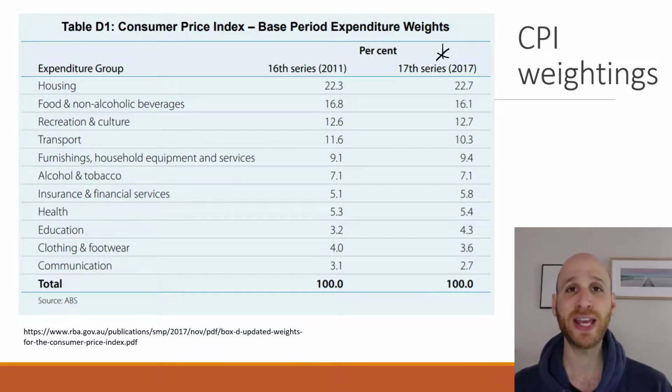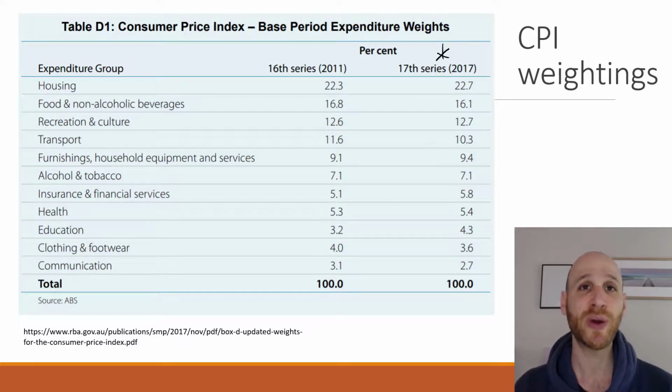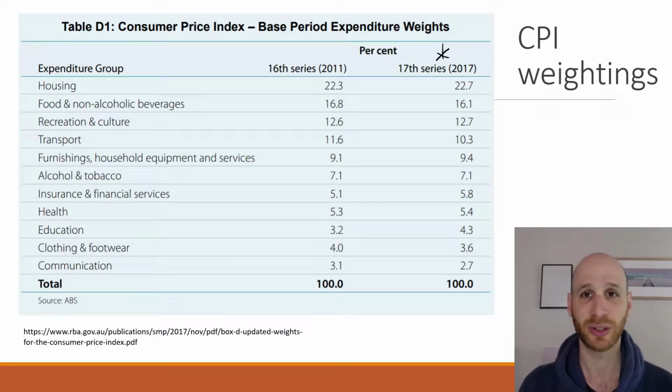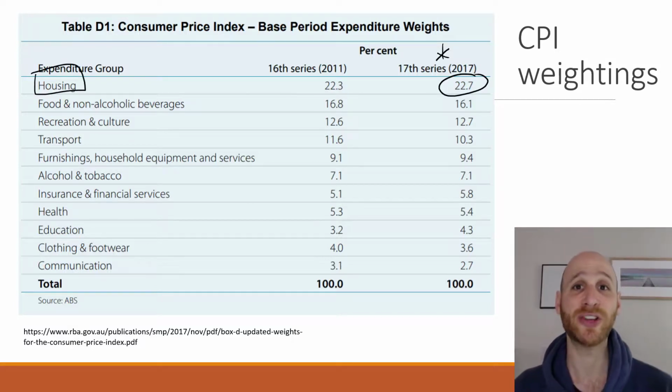This is the weighting, the importance of each of these expenditure items in the CPI. The biggest, most important expenditure item is housing. Housing has a weighting of 22.7% in the CPI.